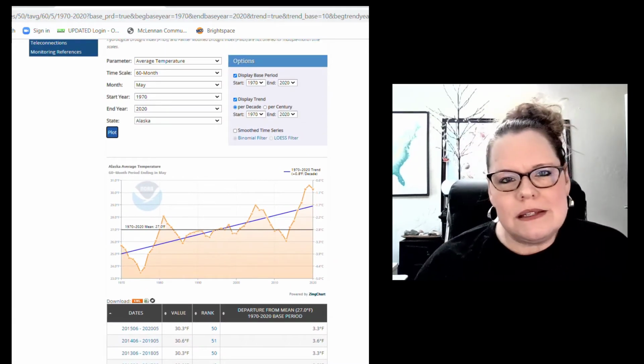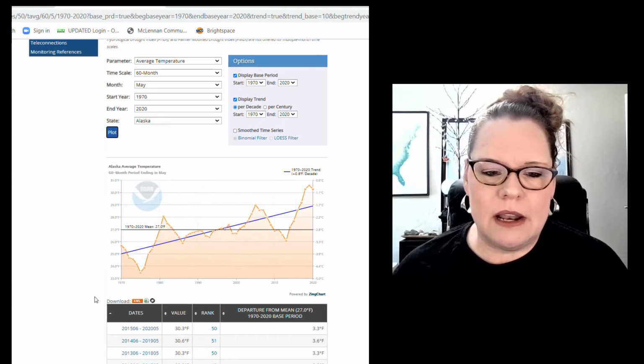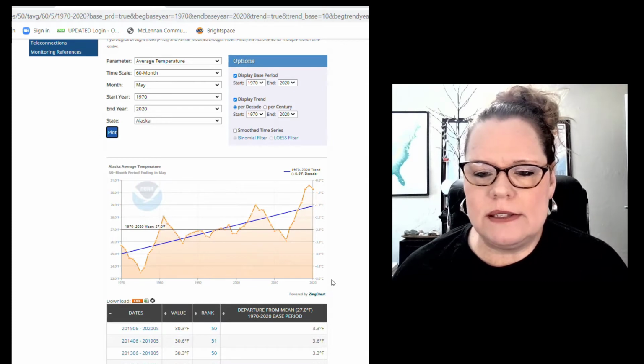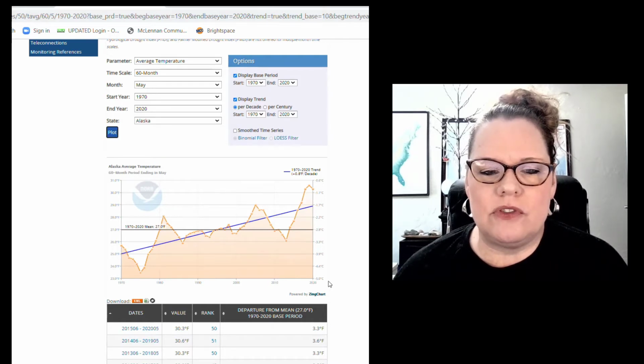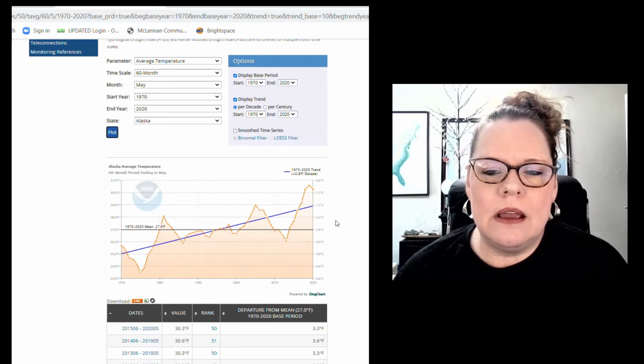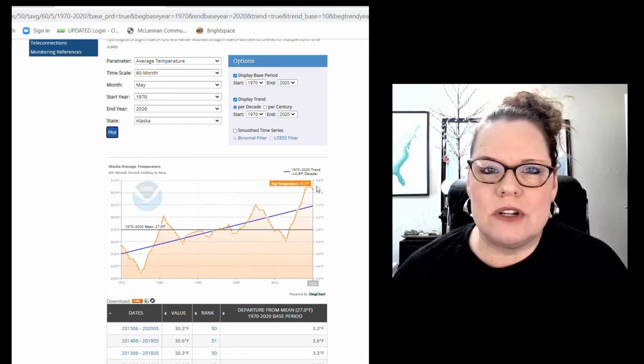So what does this graph really mean? I'm not going to interpret it all for you, but let's start way back here at 1970, and let's look at the degrees Celsius. What you're looking to see is, have things changed over time by decade? And most assuredly they have. If this is your mean temperature across that entire 50-year time period, that black line, I want you to notice that there's been a gradual increase over time.